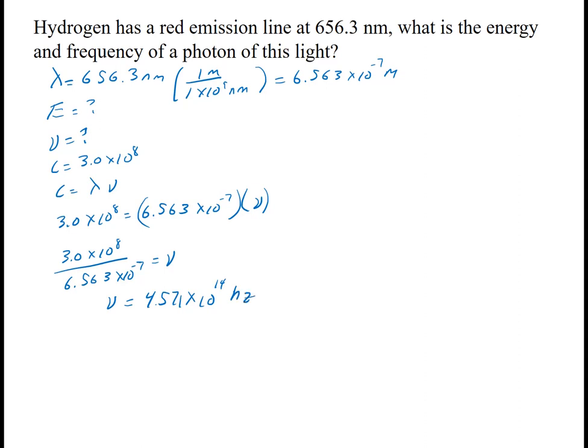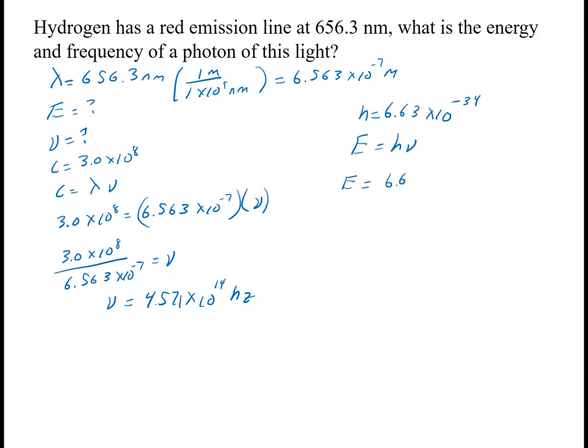And the equation that links E and nu is E is equal to h nu. And h is another constant of 6.63 times 10 to the minus 34. So I want to know what energy is.